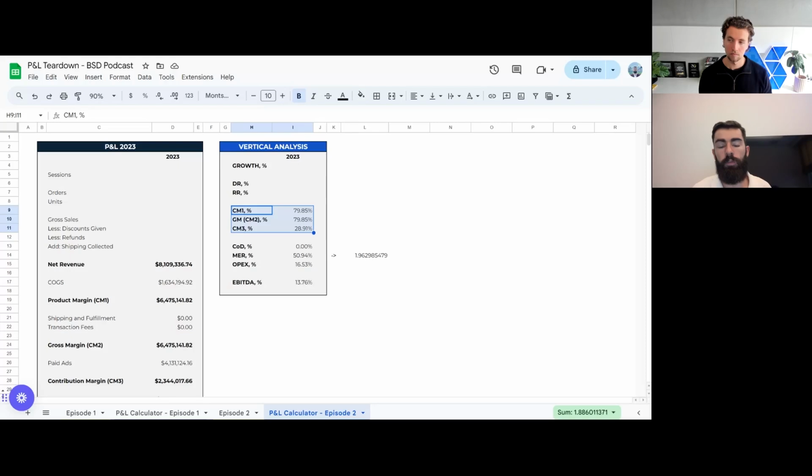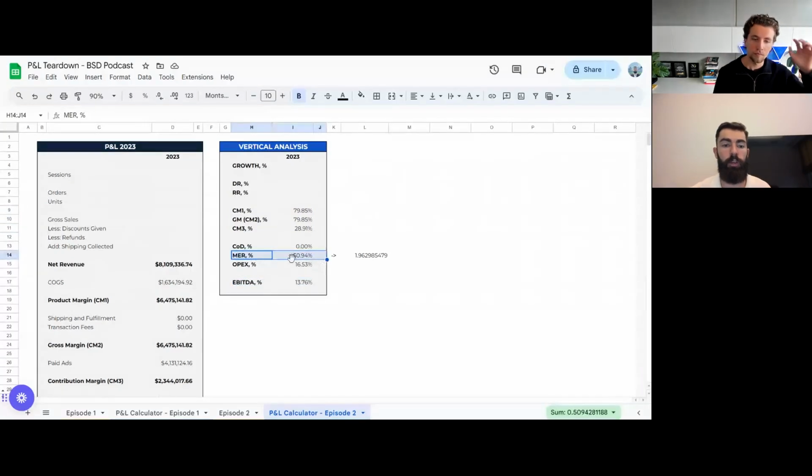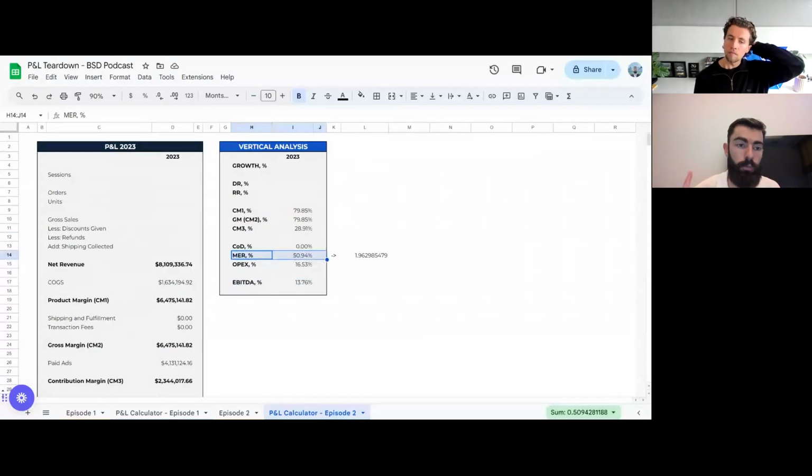Five years ago, businesses had 65% gross margin and had an EBITDA of 10 to 15%, but that's because their marketing was not as expensive. Now that marketing is extremely expensive and super competitive to advertise, you have to understand that your MER will likely be 25% minimum and probably closer to 33% on average. And for some businesses, it can go as high as 45 or 50%.